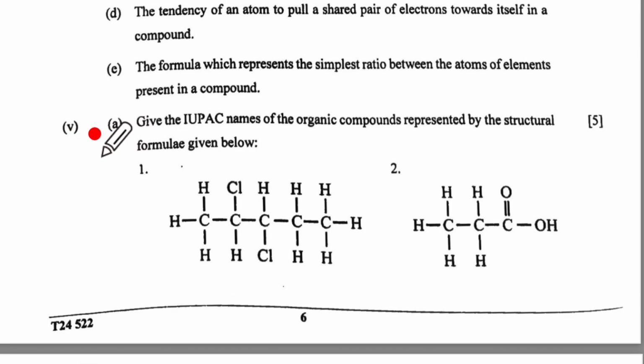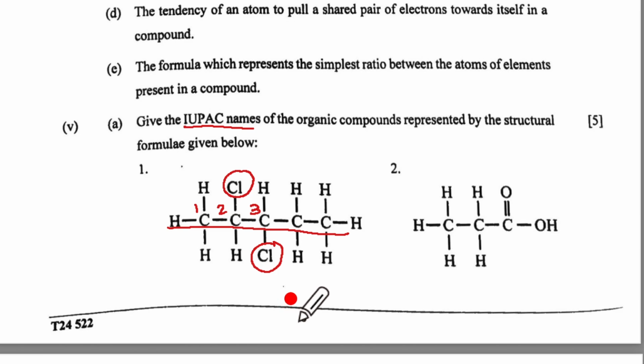Let us come to subpart 5. Give IUPAC names of the organic compounds represented by structural formula given below. So first we look at the longest chain of carbons, 1, 2, 3, 4, 5. If we number them, the third carbon has chlorine and the second number also has chlorine.